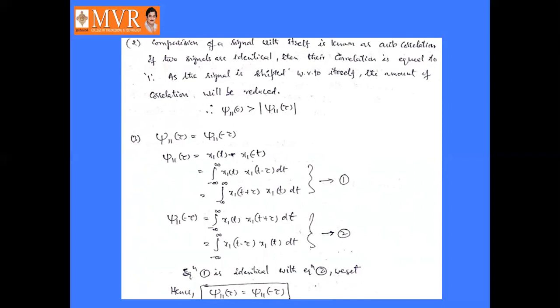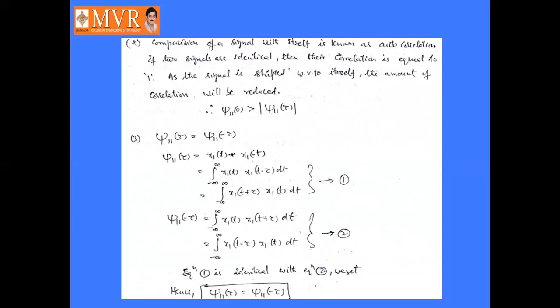And the third property is phi11 of tau is equal to phi11 of minus tau. So phi11 of tau is already defined as x1 of t convolved with x1 of minus t. It is defined as the integral from minus infinity to infinity of x1 of t into x1 of t minus tau dt, right? So now we can also define this as the integral of x1 of t plus tau into x1 of t dt.